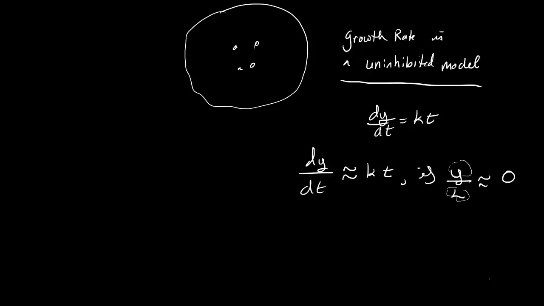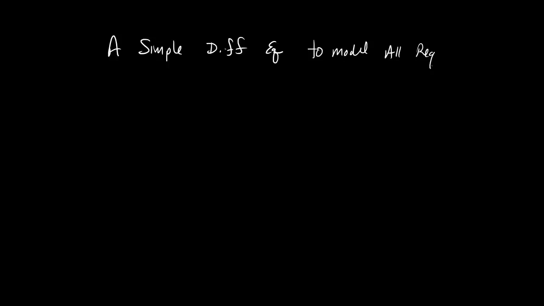So we want to talk about a differential equation that meets all these requirements, all these constraints. Without dwelling on the derivation, I'm just going to define a simple differential equation that allows us to model all requirements.